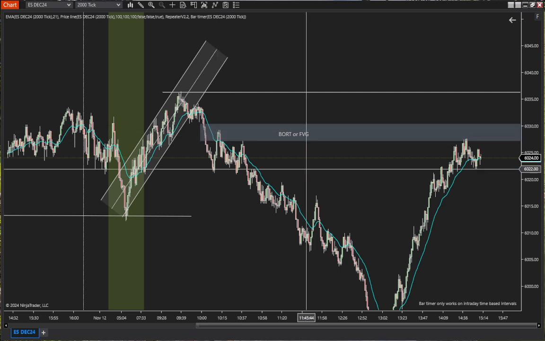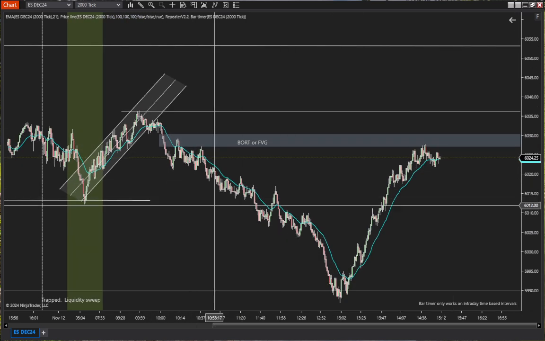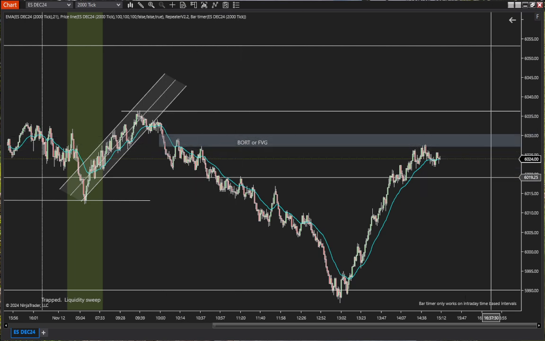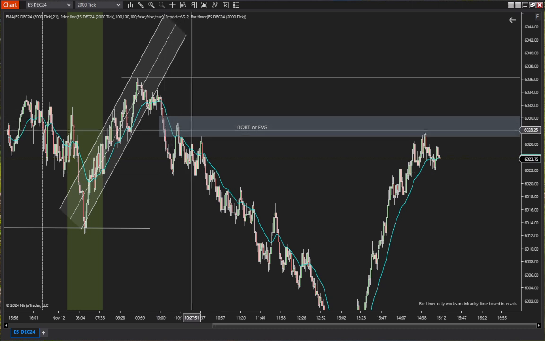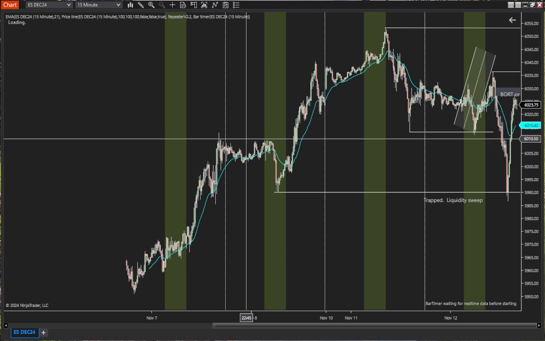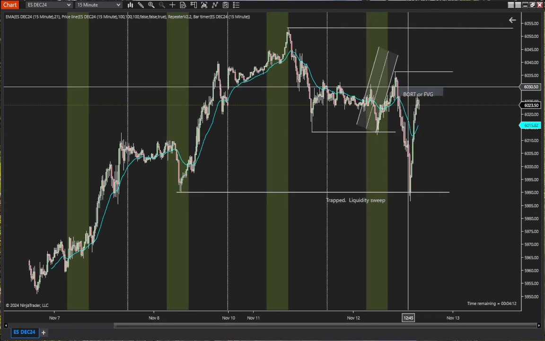So this correlates on a 2000 tick chart to what I call a BORT, breakout retest. This is the breakdown retest level, and it's also on a 15-minute chart a fair value gap. So if you were trading for this liquidity sweep higher, this is a good area to take profits.